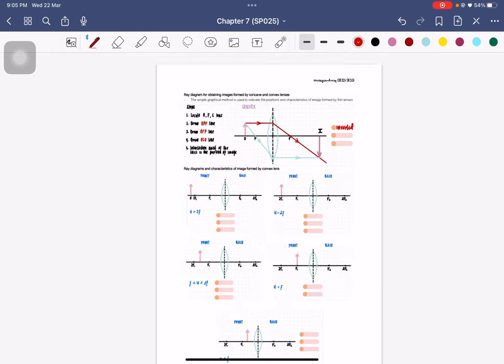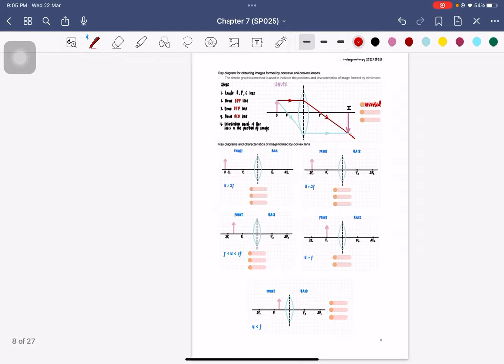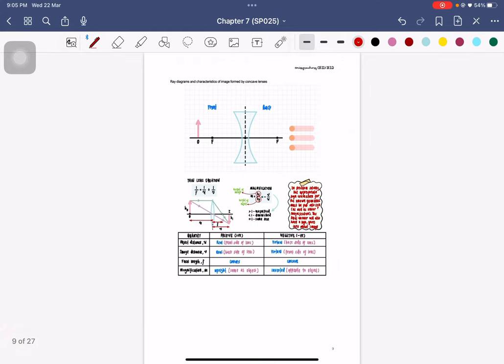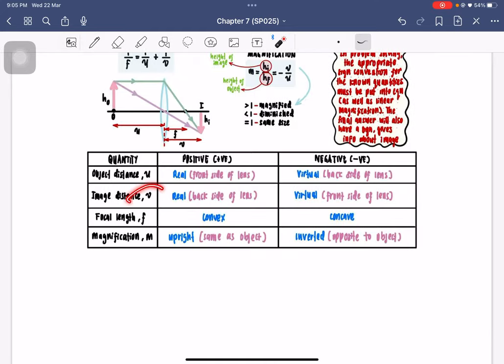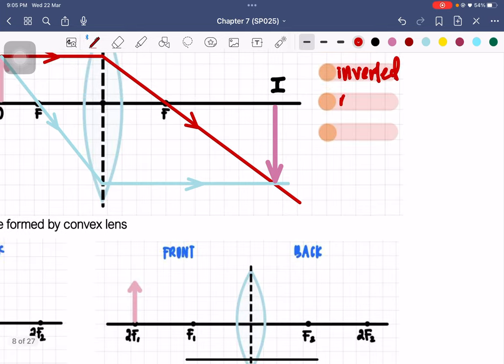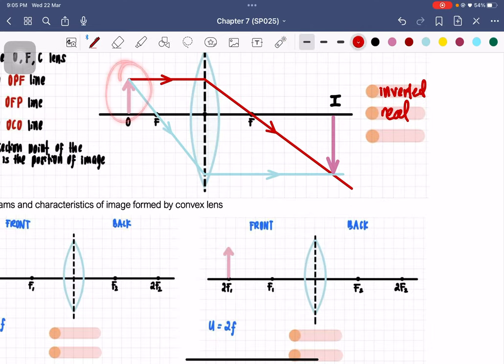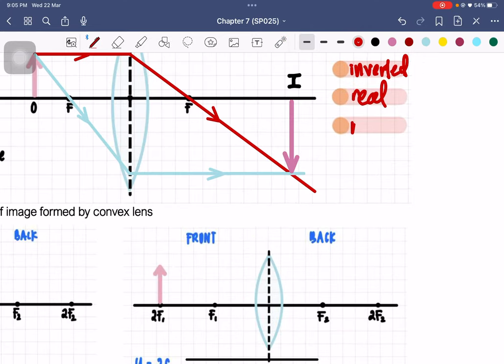And then it is behind the lens, at the back side of the lens. Sorry, I keep saying mirror, it should be lens. So it is formed at the back side of the lens, so it is a real image. Just write real there, and since it is much bigger than the object, this image is magnified.